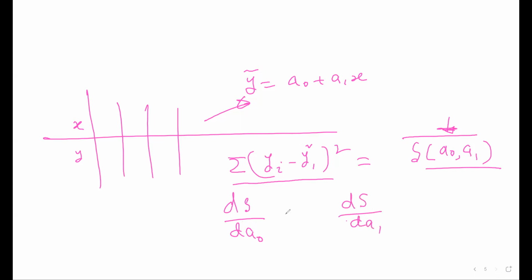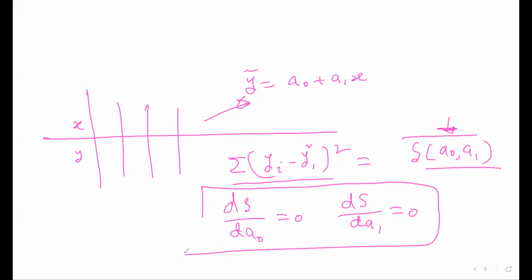Yes, sir. Set them equal to 0, then you will obtain two simultaneous equations to find the values of a0 and a1. That is your maximization or minimization problem in terms of optimization. Okay, so this is the case.